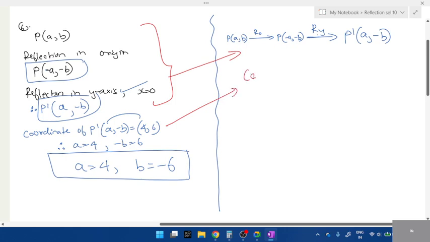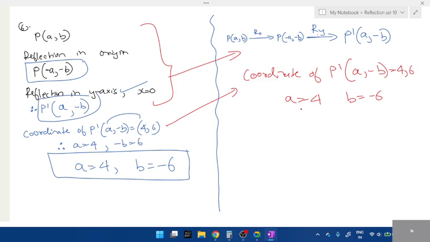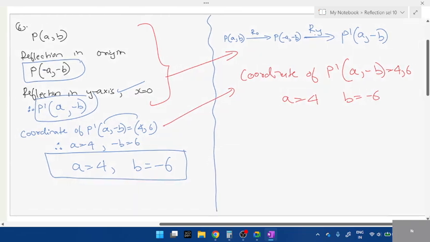Then this final step, write it as completed. Shall we do the next one?